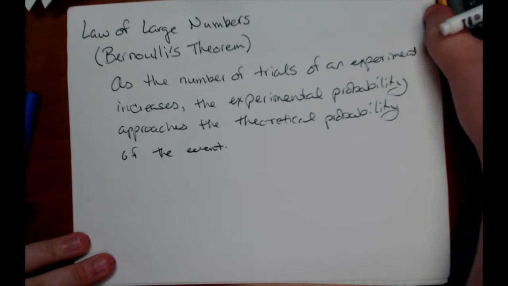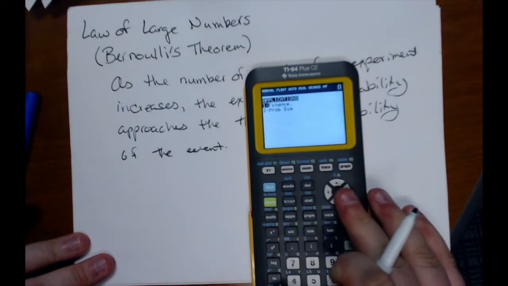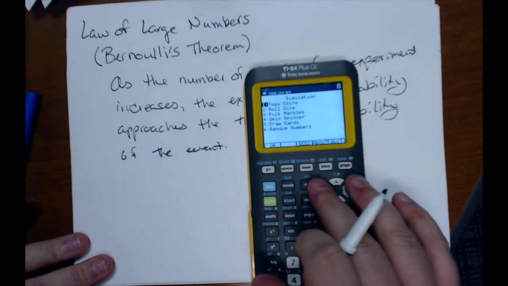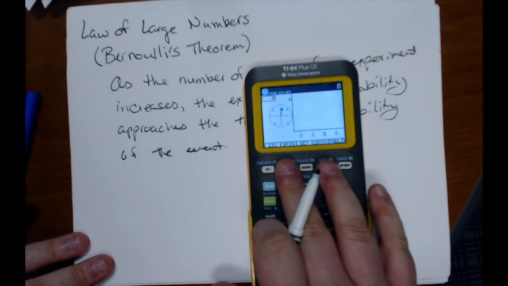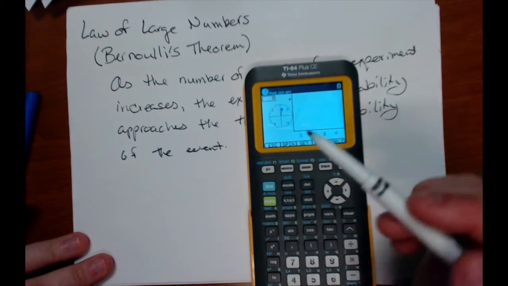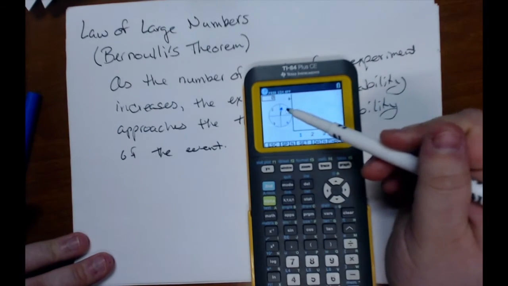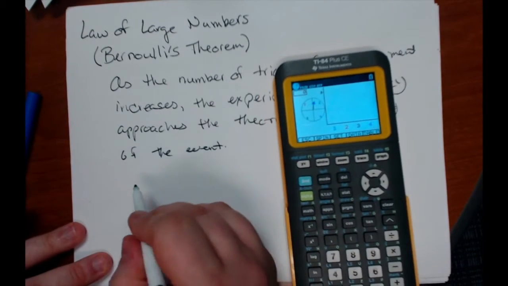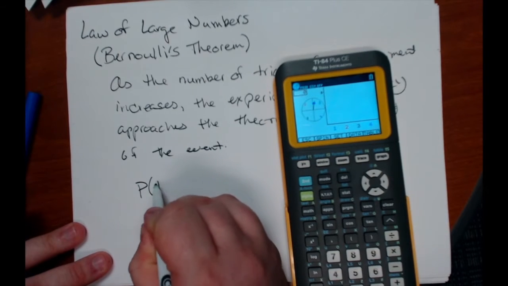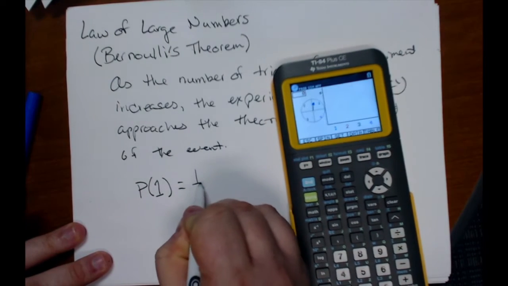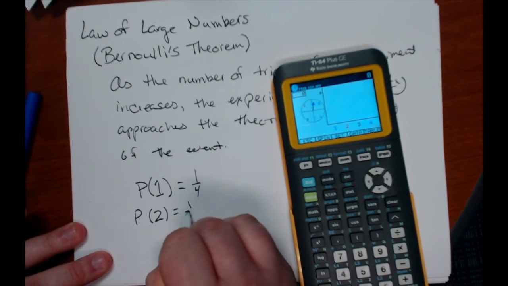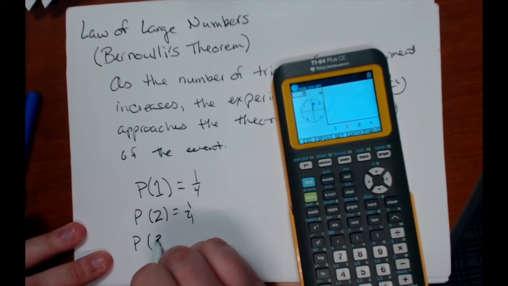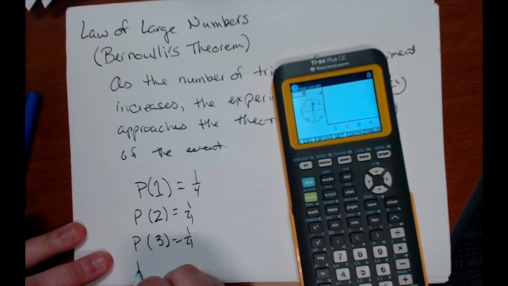So what does that mean? So remember, we said that if we had a spinner with 4 segments, the theoretical probability of it landing on a 1 is 1/4. The probability of it landing on a 2 is 1/4. The probability of it landing on a 3 is 1/4. And the probability of it landing on a 4 is 1/4.